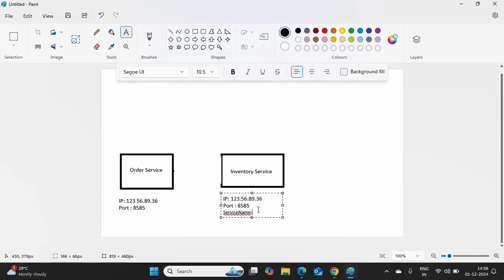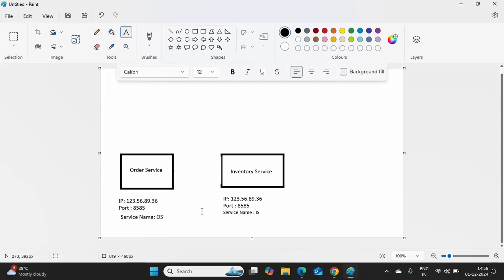What is the service name we are going to give? We give the name IS for inventory service. Similarly, we need to give a name to the order service also, so the service name is OS.